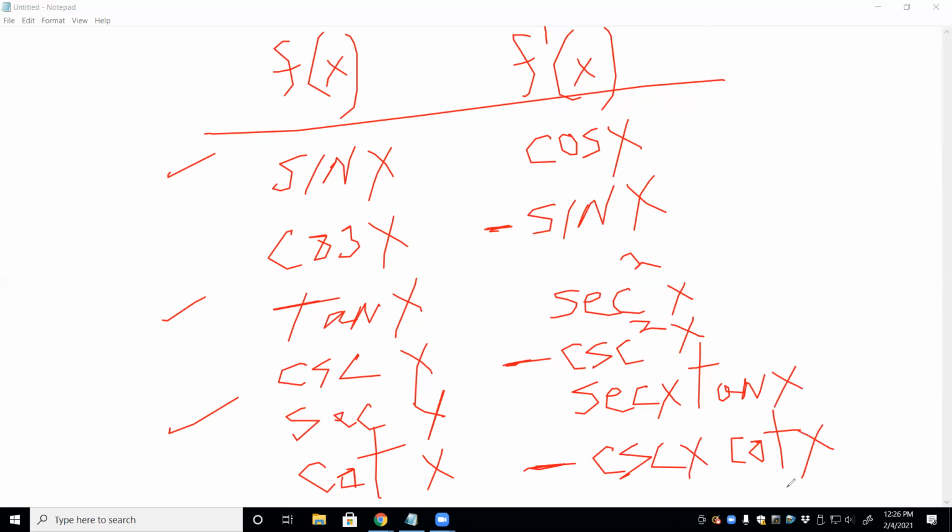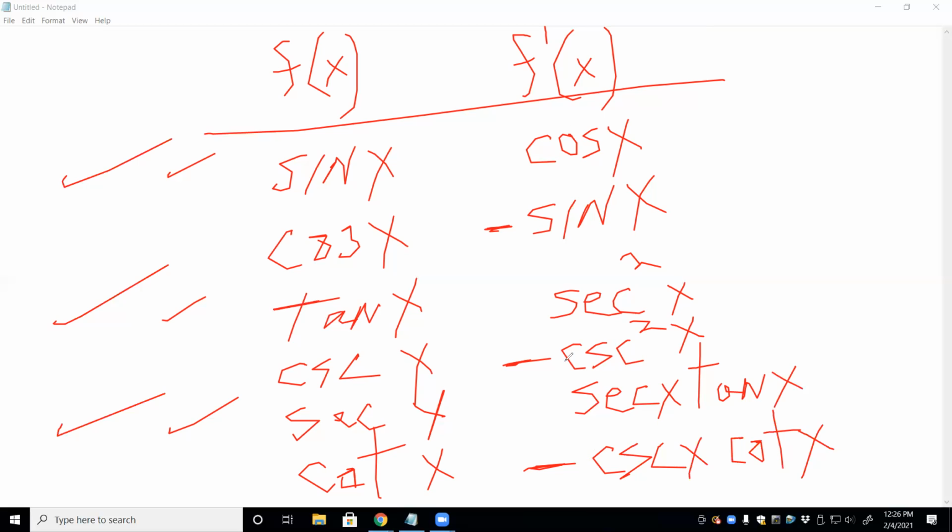So this is another case where you have to memorize three things and you can figure out the other three always. The key ones are those three. If you can memorize those three, you will always know the other three, because the other three always start with a negative sign and they're merely the cofunction of the corresponding one.